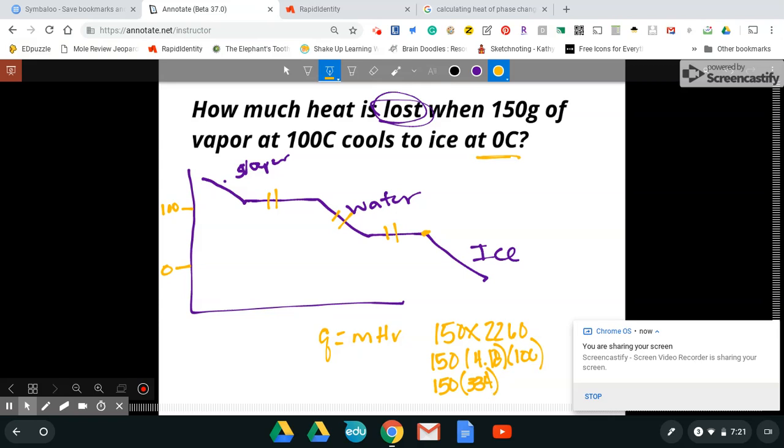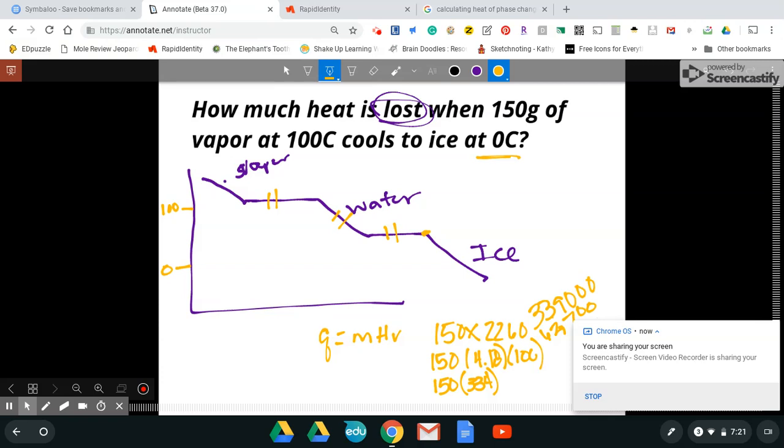And when you calculate that all up, give me a second to calculate. So 150 times 2,260. This is going to give me, let me make sure I did this right, 339,000. And then I do 150 times 4.18 times 100. This is going to give me 62,700.